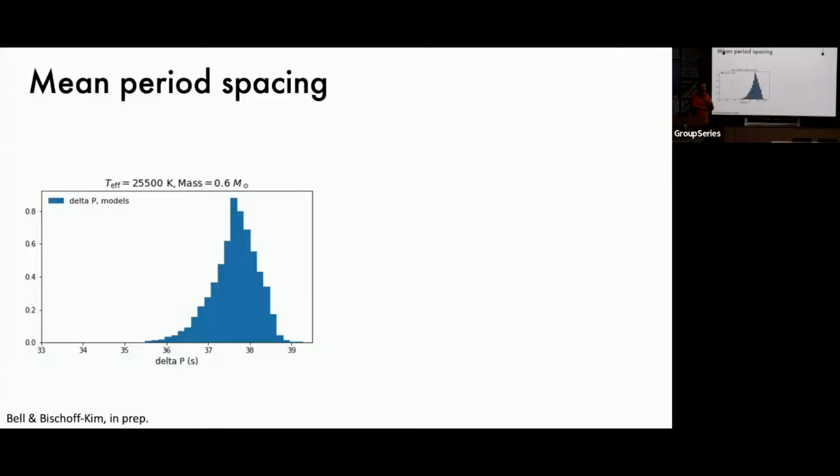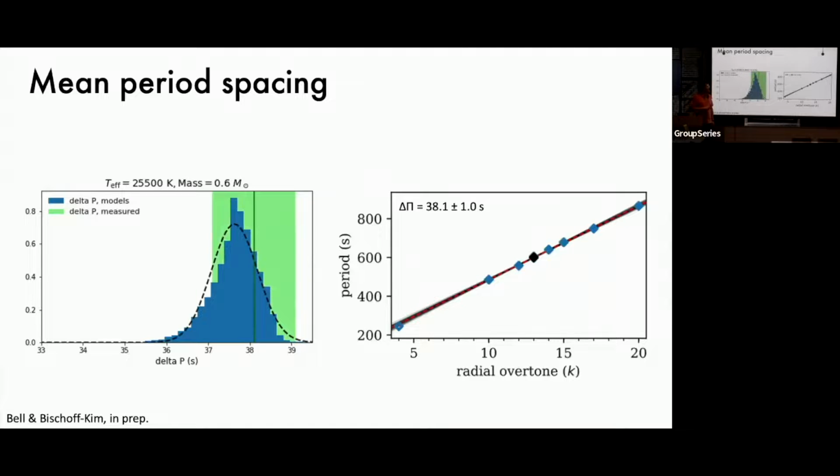We can generate models with a large range of possibly reasonable interior structures and see that a star with this temperature and this mass could have a distribution of mean period spacings, but a very specific range. We could fit a Gaussian to that. It's not very good. And we could compare that to our measurements from the observations, and ask, does this agree or not with an object that has these global parameters?